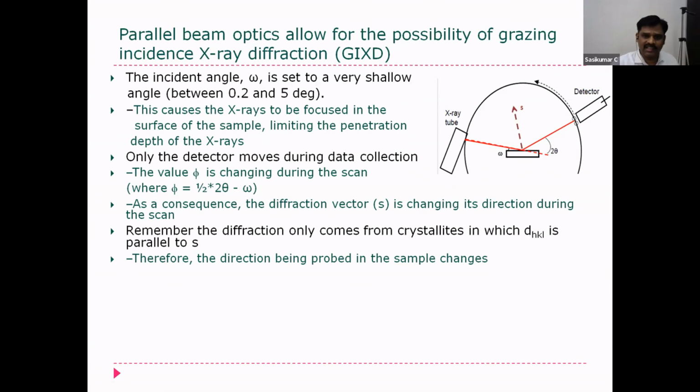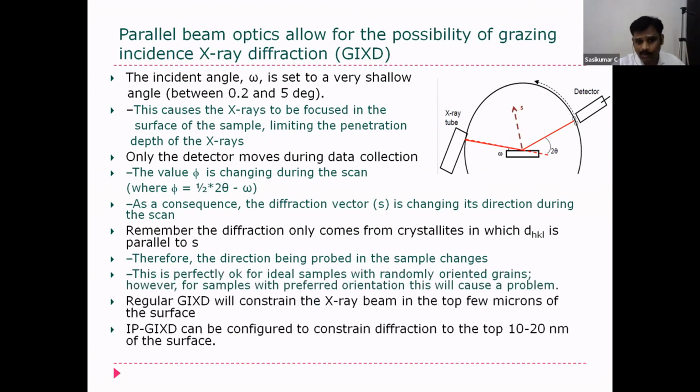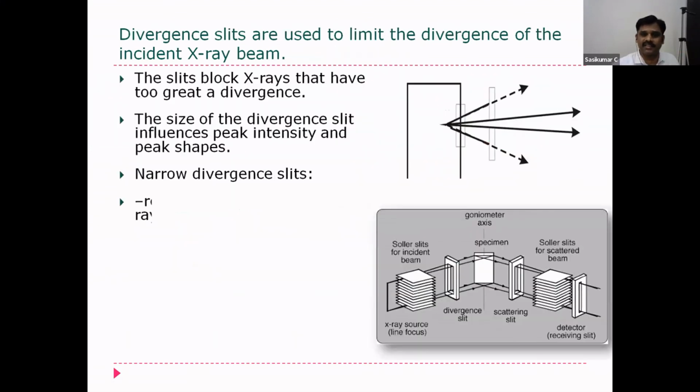You want to get signal from the top surface of the specimen, so you can use grazing incidence X-ray diffraction. In this way you get the signal from there. Regular powder XRD is different, and grazing incidence XRD is different.